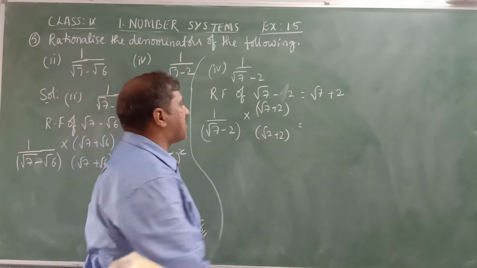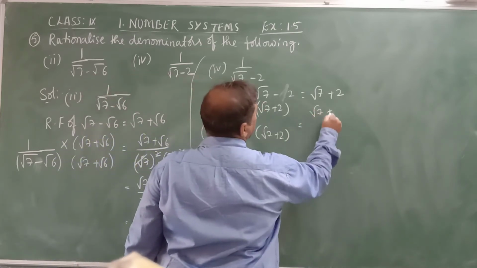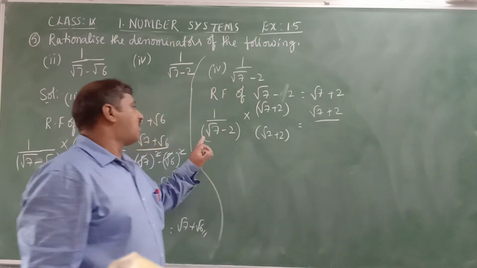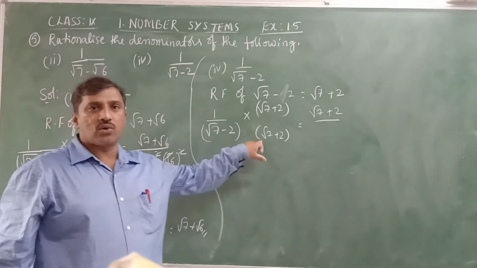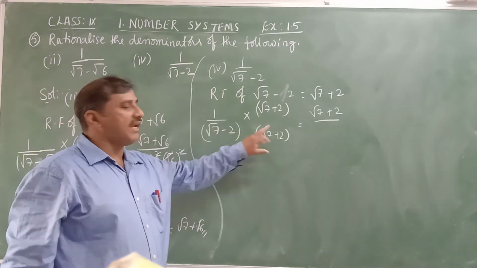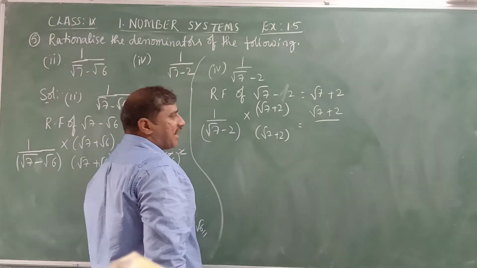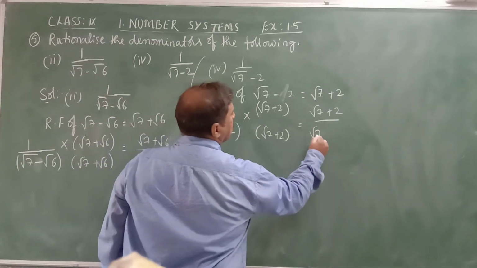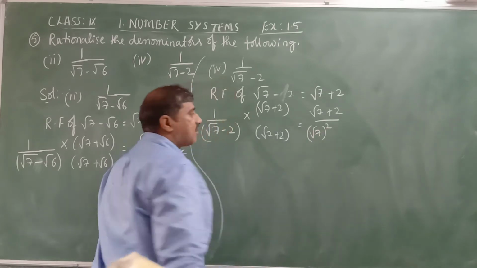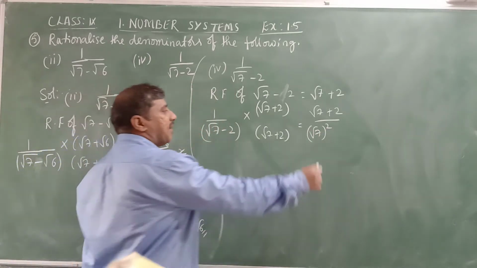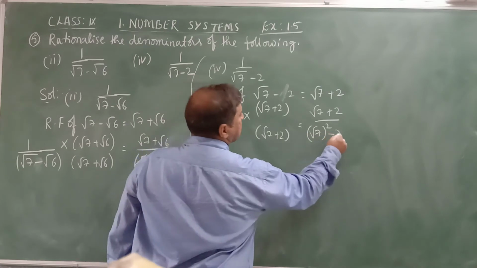What do we get? 1 into root 7 plus 2 is root 7 plus 2 itself, divided by root 7 minus 2 into root 7 plus 2. (a minus b) into (a plus b) is equal to a square minus b square, which is root 7 whole square minus 2 square.